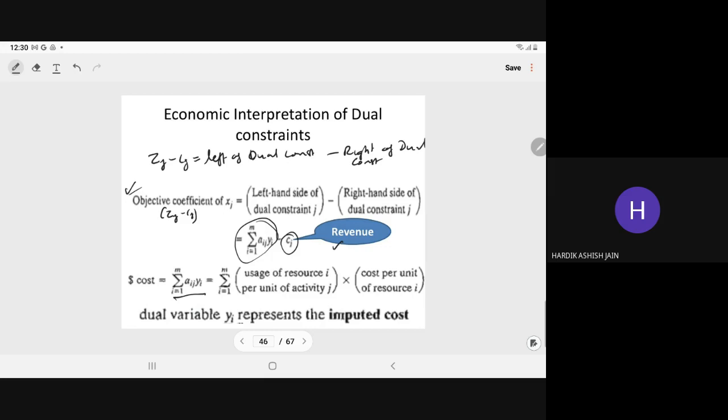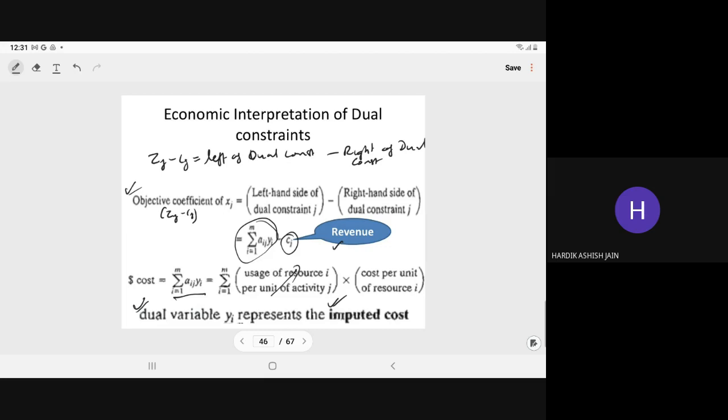So what is aij? It is the rate of utilization of resource i in performing activity j, into the cost per unit of resource i. So the dual variable is also known as the imputed cost.